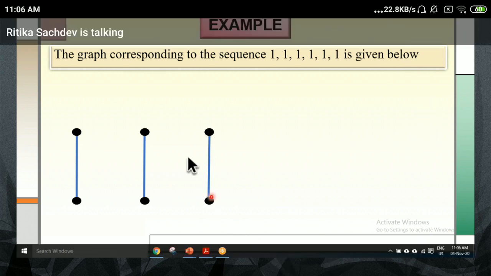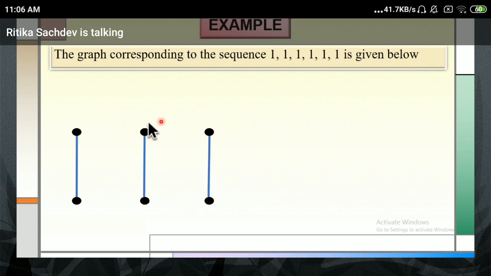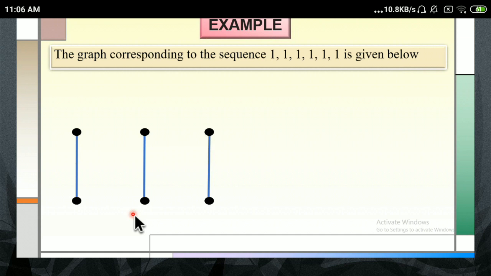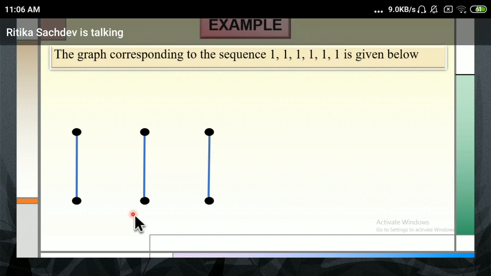Yes or no? Now I have a graph with 6 vertices and the degree of each is 1. So I already know that such a graph exists where the number of vertices is 6 and the degree of each vertex is 1. Please note, in the earlier question, we had 2 parts.